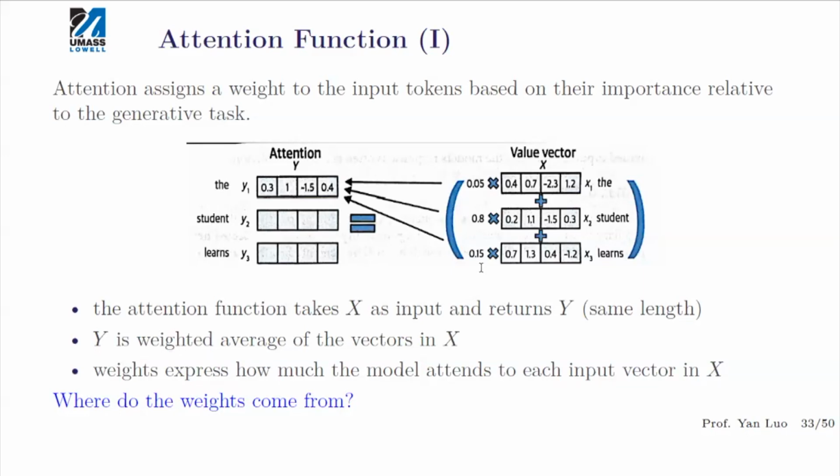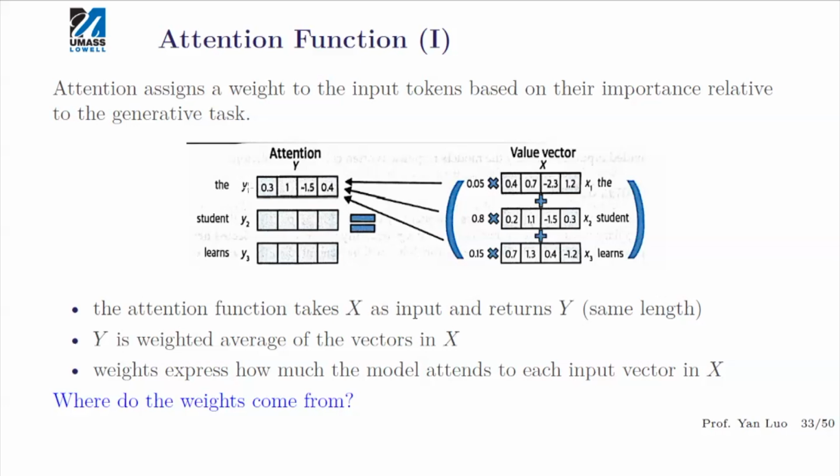So how do we calculate this? Attention assigns a weight to the input tokens based on their importance relative to the generative task. So each task may have different weights. What we show here is 3 tokens, and each token is embedded as a 4-dimension vector.